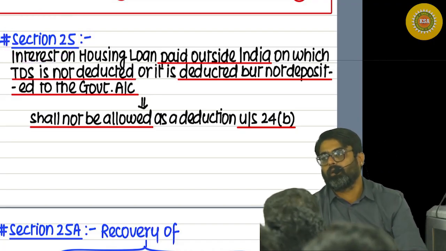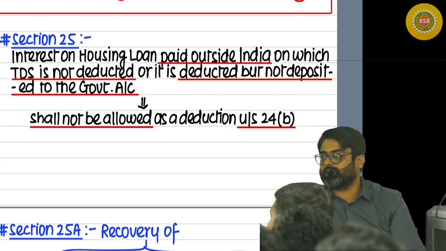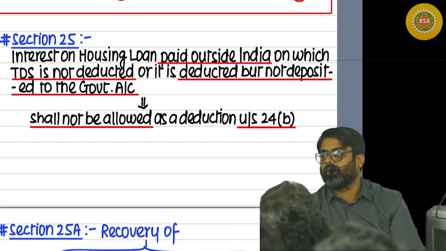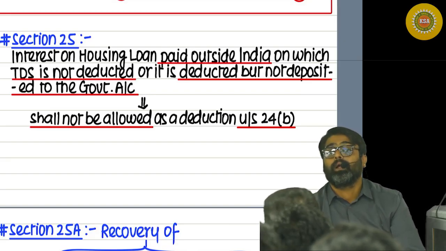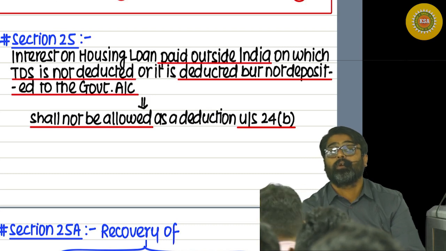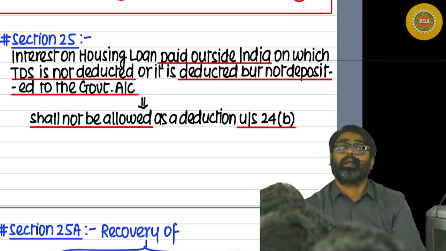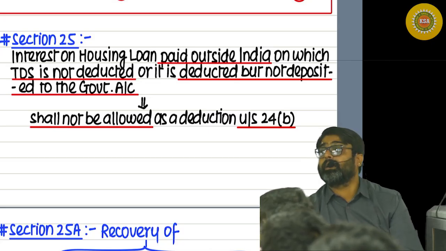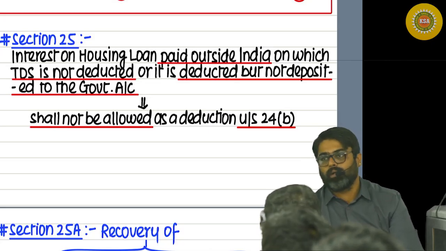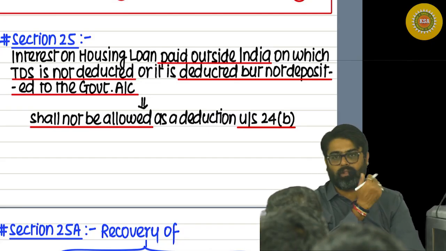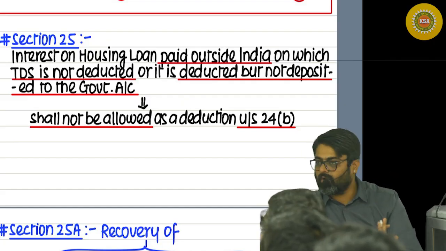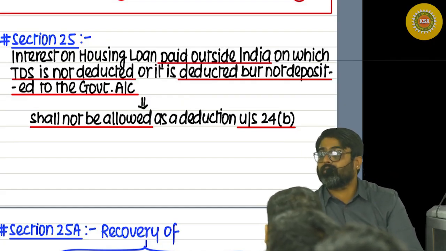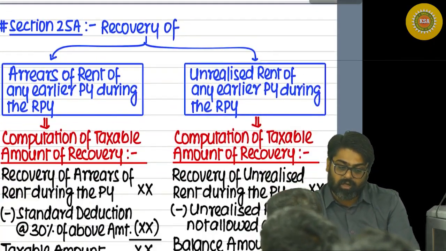Done, sir? So will you claim the deduction of this interest or you will disallow? You will disallow. Yes or no? Interest on which the TDS is not deducted, or it is deducted but not deposited to the government account, that interest will not be allowed as a deduction. Even if all the conditions are fulfilled, still it will not be allowed as a deduction. Done, sir? This was your section number 25.